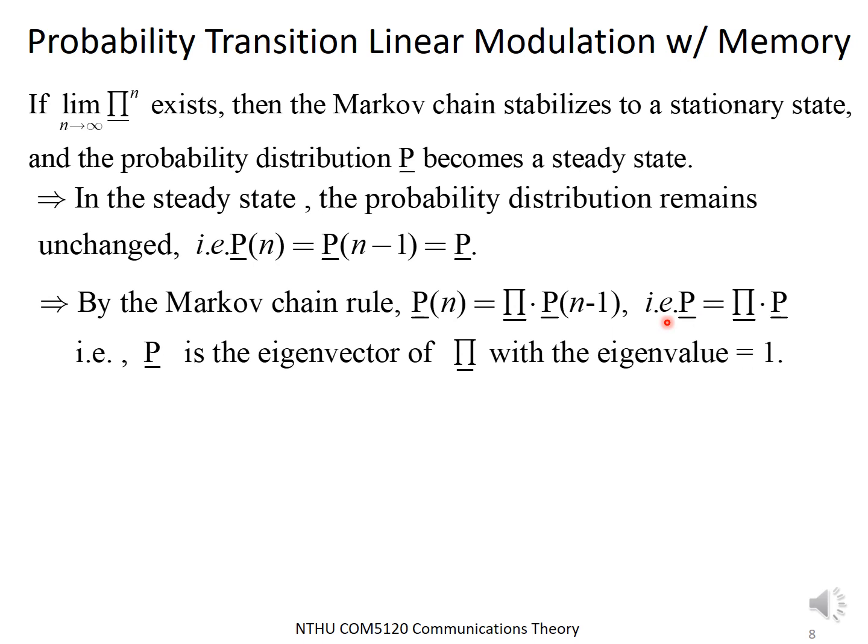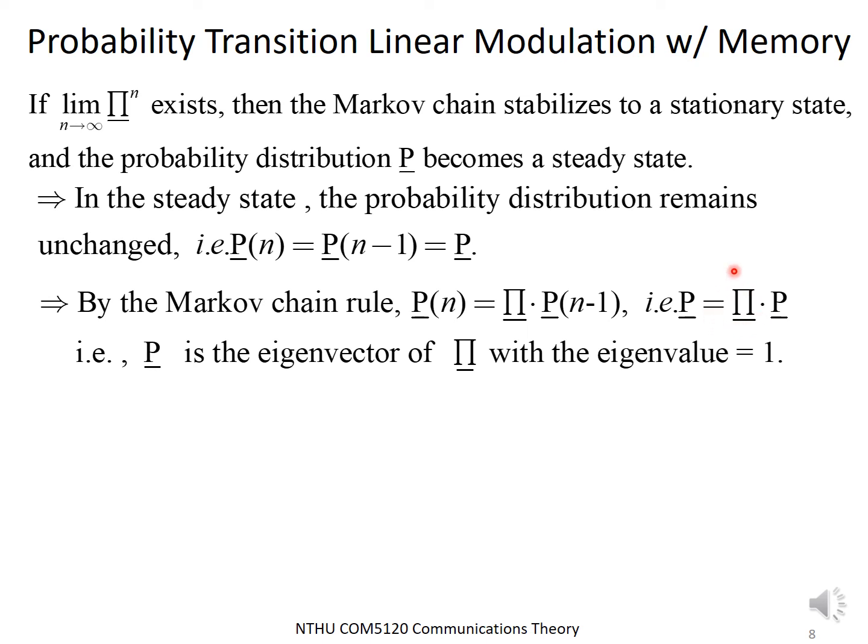So if the steady state exists, that steady state would actually be the eigenvector of the Markov transition matrix.